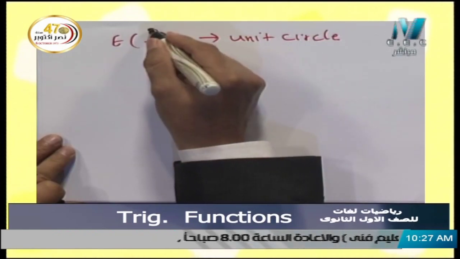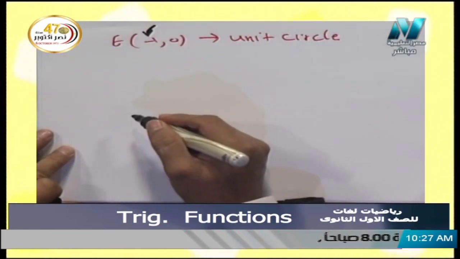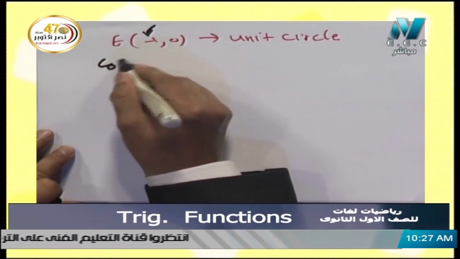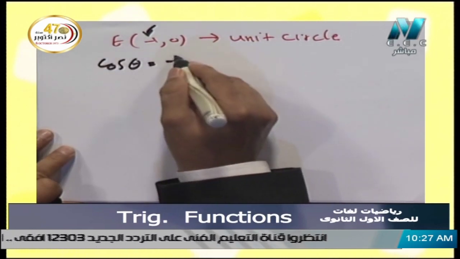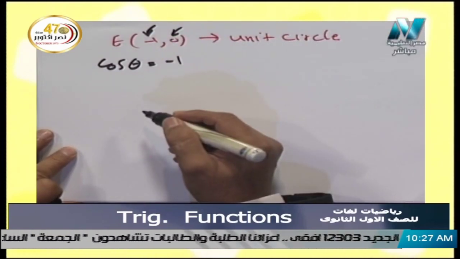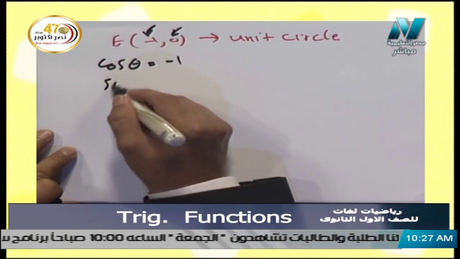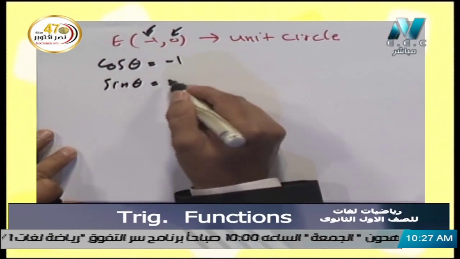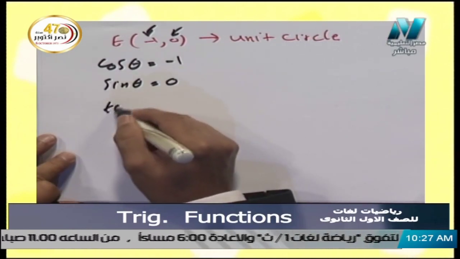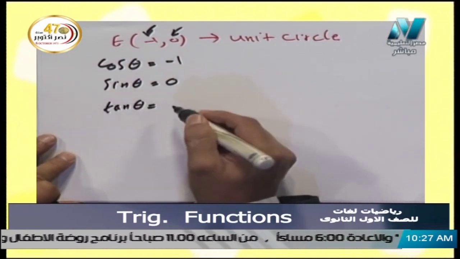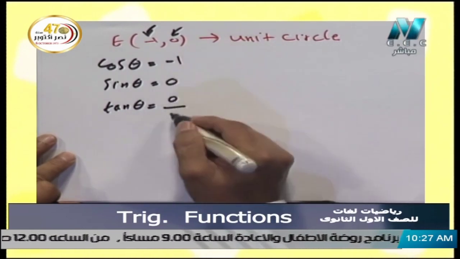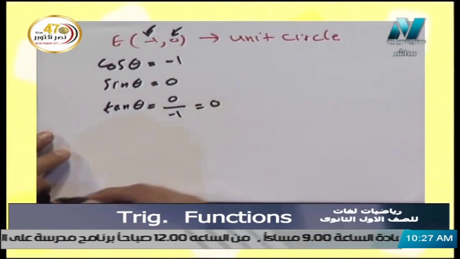We know that this part will be x, and x is cosine theta, so cosine theta equals -1, and the second coordinate is y, which is sine theta, so sine theta equals 0. And tan theta here is sine theta, which is 0, over cosine theta, which is -1, so it's 0.